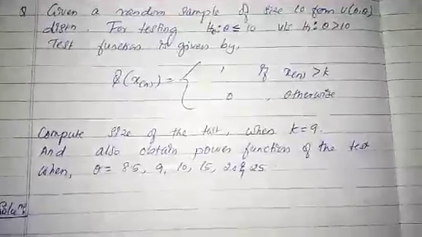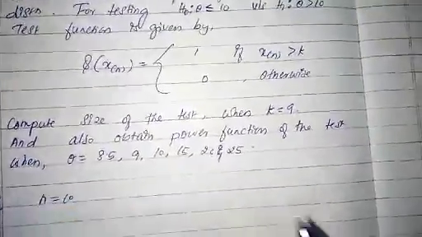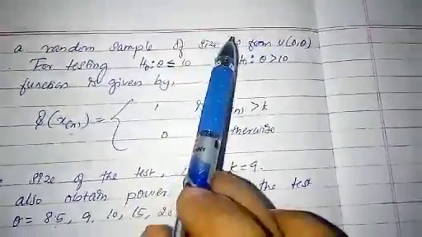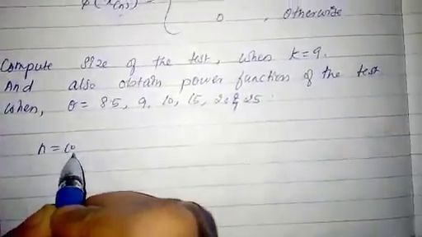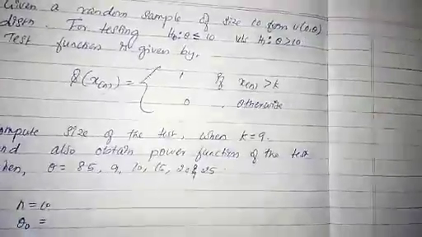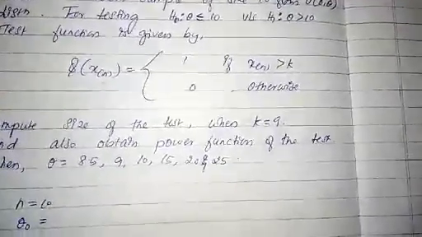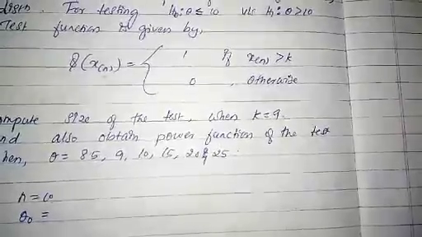So in this problem it is given that n equal to 10, right? So here see, the sample size is 10 from uniform 0, theta distribution. So here sample size n equal to 10, and what is theta naught here?